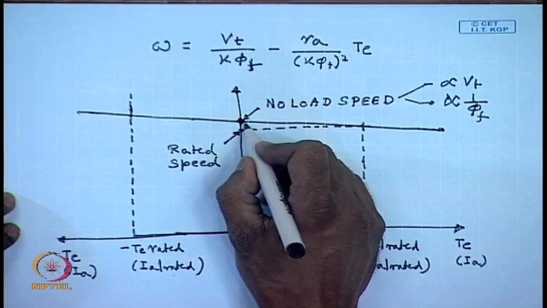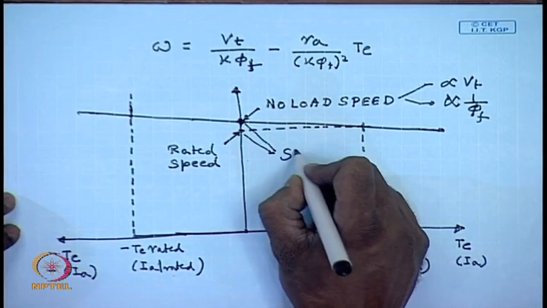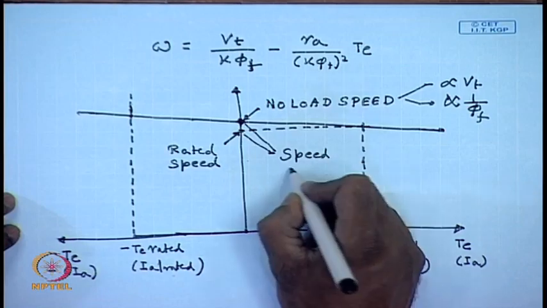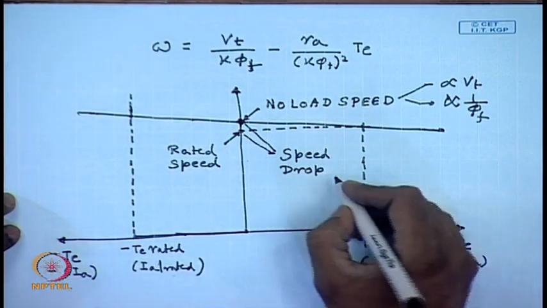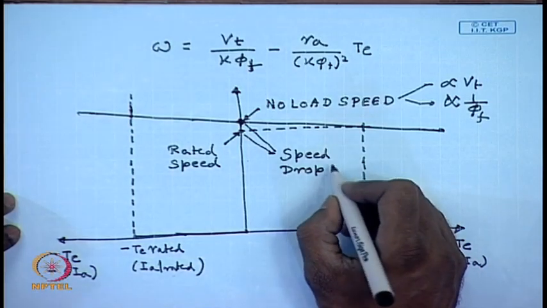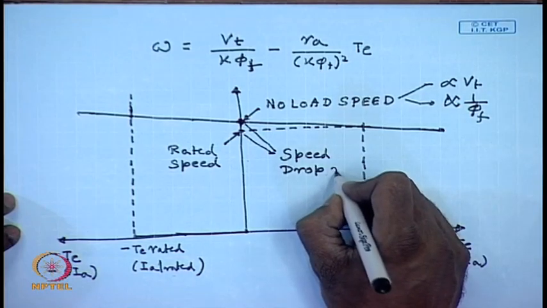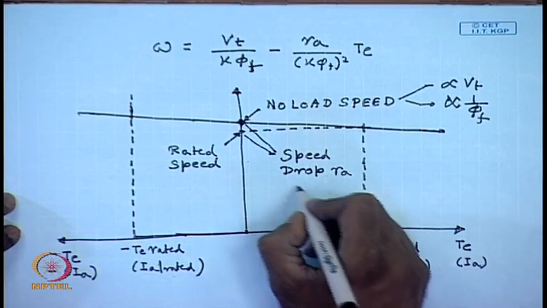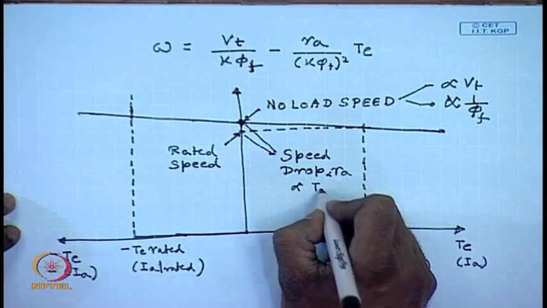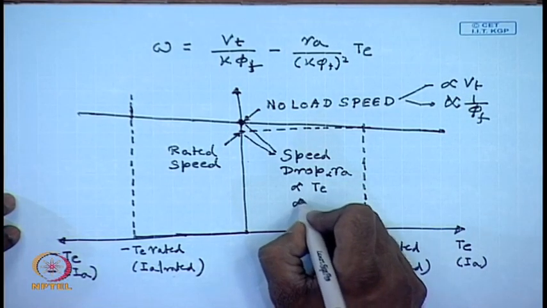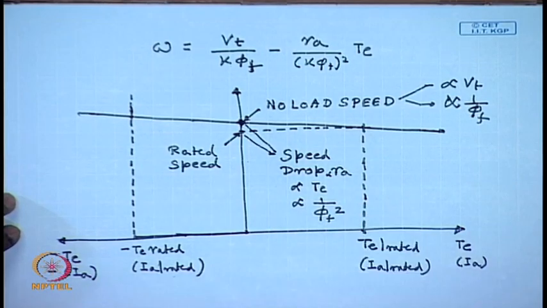Hence, there is a speed drop at load, which is proportional to Ra, proportional to Te and inversely proportional to phi f square.